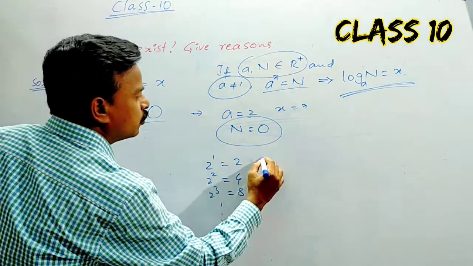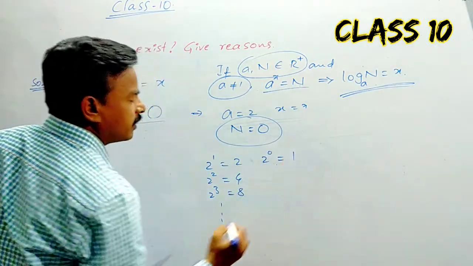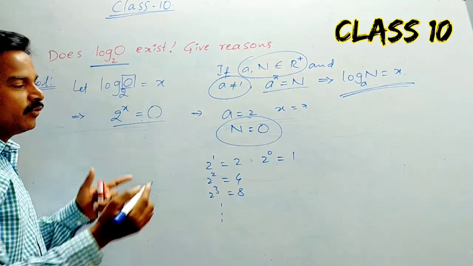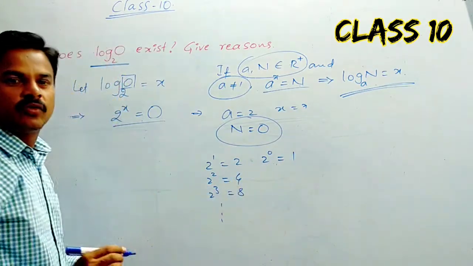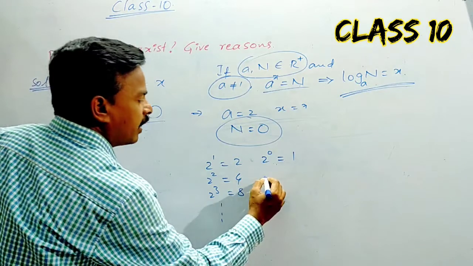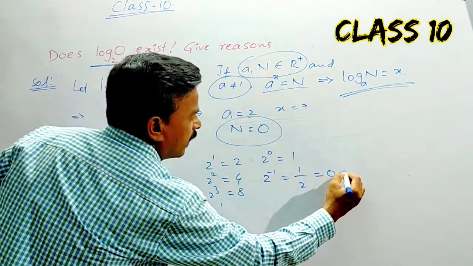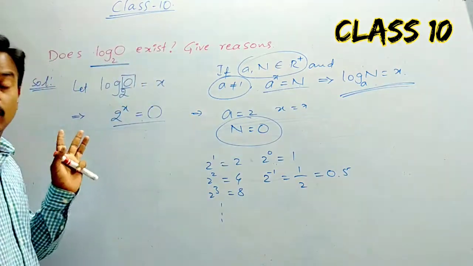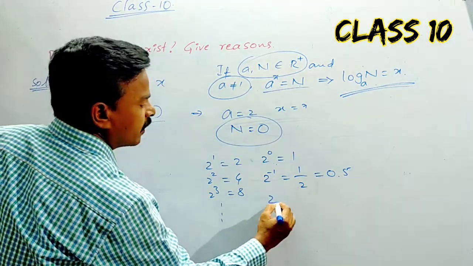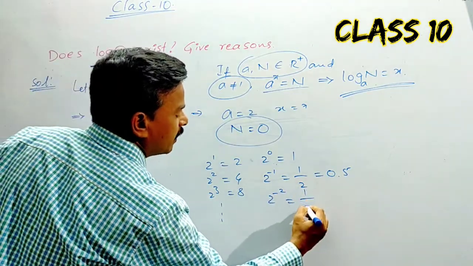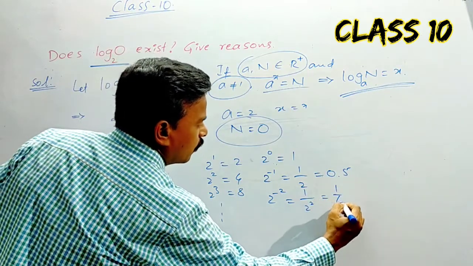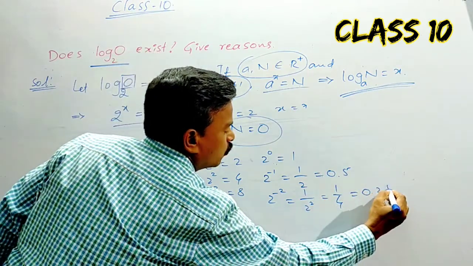Also you take 2 to the power of 0, no problem. We know very well its value is 1. And 2 to the power of minus 1 also, you take 1 by 2, 0.5. It does not equal 0. 2 to the power of minus 2 is equal to 1 by 2 square, is equal to 1 by 4, is equal to 0.25.